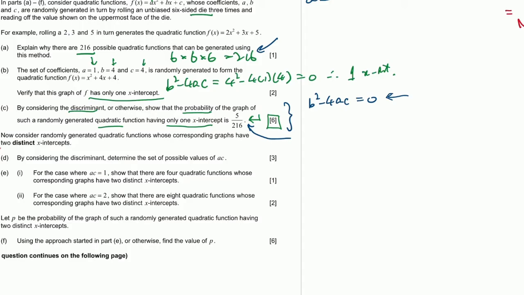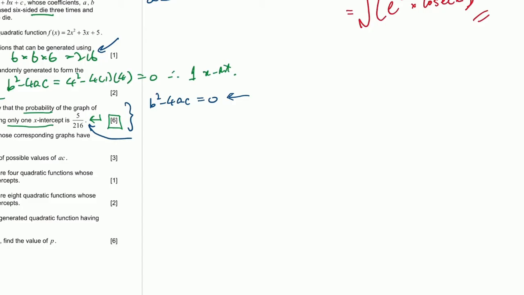So to get the 6 marks, you simply have to, by trial and error, find the 5 cases. So that's one way. You just keep trying. But I would try to do a little bit of math to make it a little more systematic.